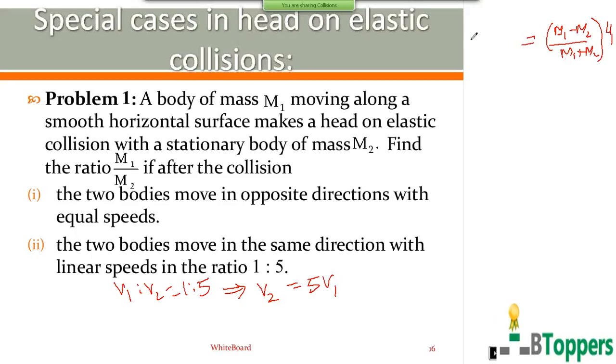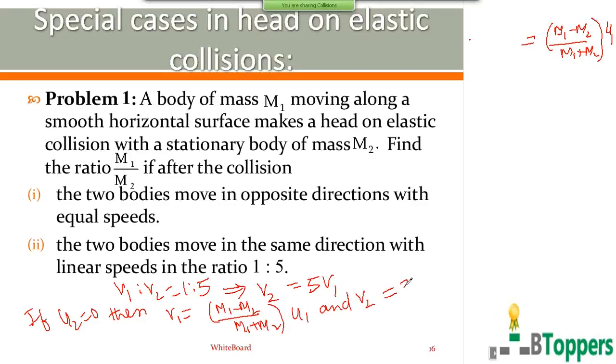On the left hand side, v2 can be written as, if u2 is 0, as already discussed earlier, if the initial velocity of the second body is 0 in a one-dimensional elastic collision, then v1 equal to m1 minus m2 by m1 plus m2 into u1, and v2 equal to 2m1 by m1 plus m2 whole multiplied by u1. So you can substitute this value of v2 on the left side here.